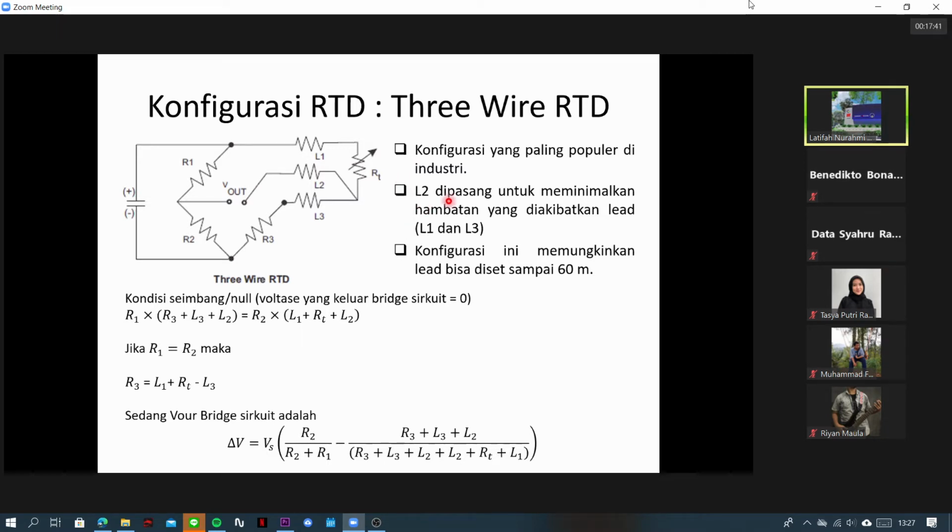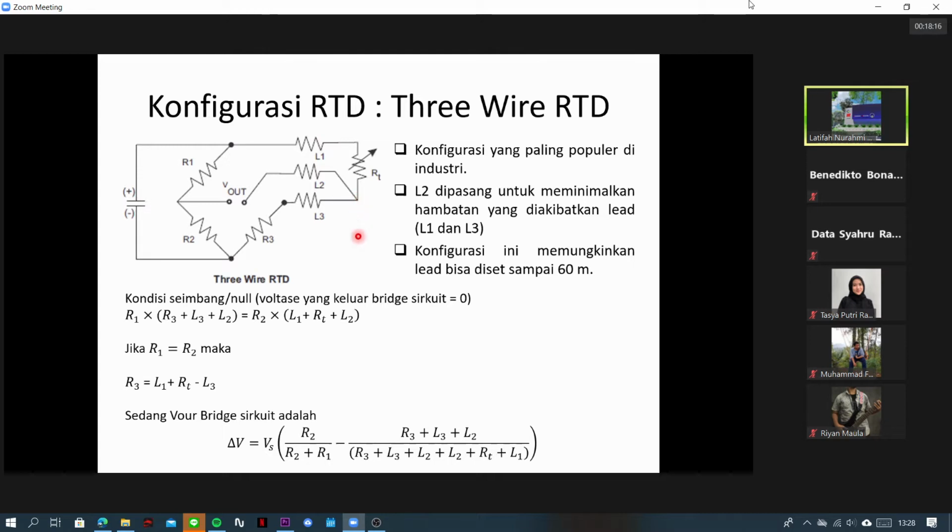L2 is attached to minimize the resistance of L1 and L3. Previously we have L3 coming from this point B, if you remember. And there is also L1 here coming from, let's say, point F. So if we want to minimize the resistance of both lead wires, you can attach L2 in between.